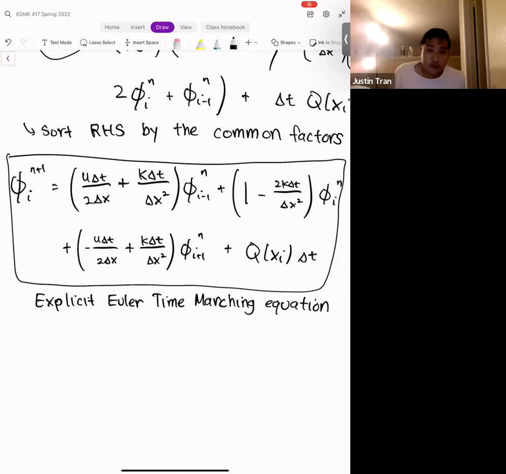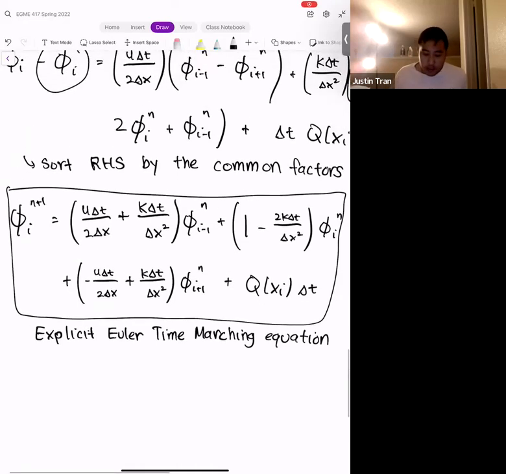So we have the convection velocity, the diffusion coefficient, the grid spacing, as well as the time step size, delta t. Most of the time, those things are going to be given to you in the problem, and in order to apply this equation, you can just plug into this expression in order to get the time marching formula.